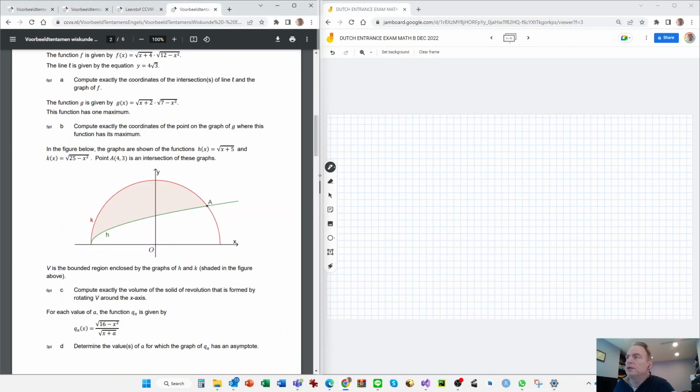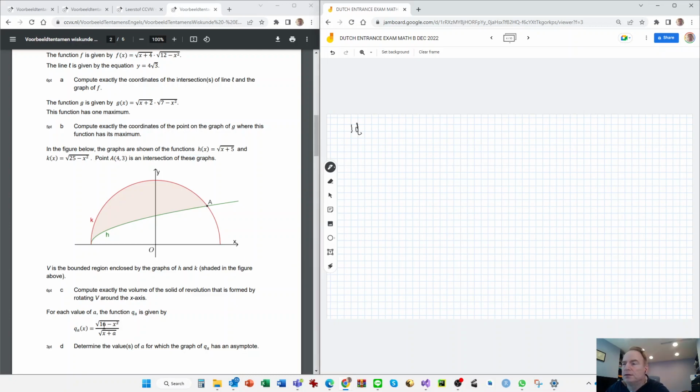Question 1D. We have a function q_a: square root of 16 minus x squared divided by square root of x plus a. Determine the values of a for which the graph of q_a has an asymptote.